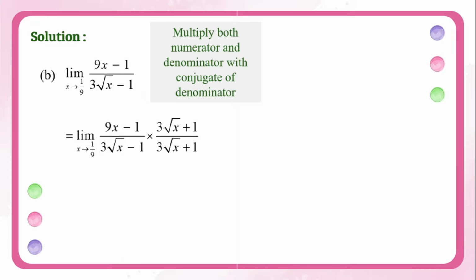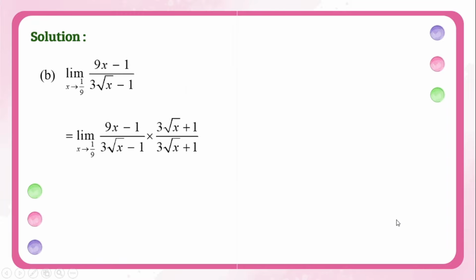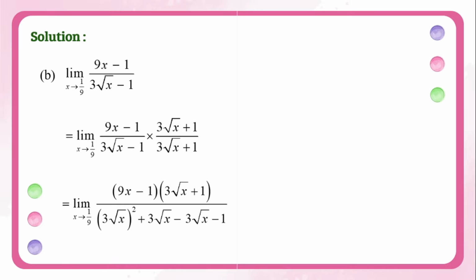For the numerator, we just put it in brackets as shown. No need to expand because it's a different pattern, where one has a surd and another one has no surd. We just expand the denominator.